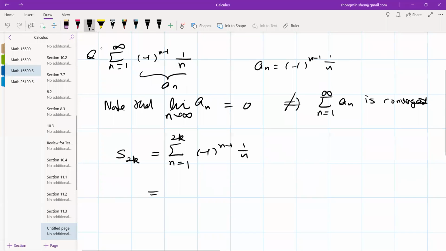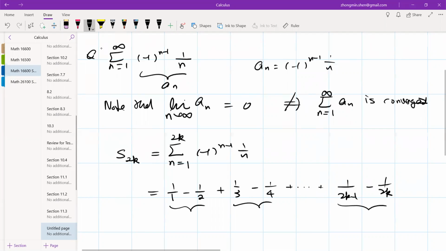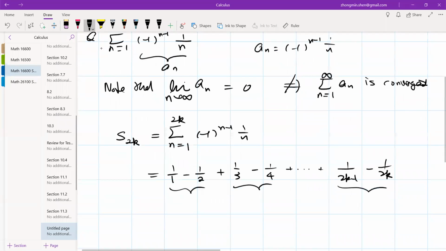When n equals 1, it's 1 over 1 and 1 over 2, plus 1 over 3, and then 1 over 4. You can write it as 1 over (2k minus 1) minus 1 over 2k. And look at this: each term is non-negative.